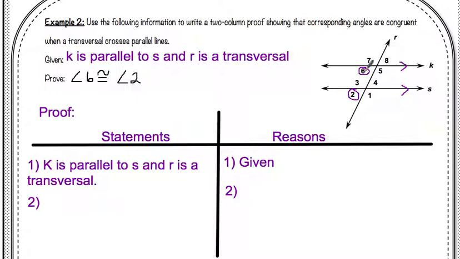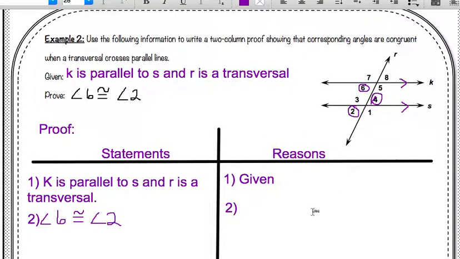Excuse me, I said corresponding at first, my bad. Alternate interior. So we've got to use angle 6, and the only other angle that we could possibly use is 4 because they are alternate interior angles. So we're going to say angle 6 is congruent to angle 2 because alternate interior angles are congruent.